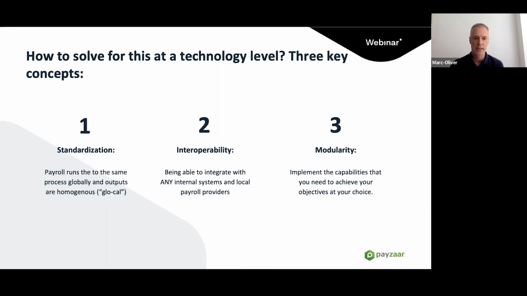Even though we always like to focus on the complexities and the differences that undoubtedly exist across different countries based on the different laws and legislations that we talked about, fundamentally, if you take a step back and think about what needs to happen in order to process payroll, the different process steps are actually very, very similar.